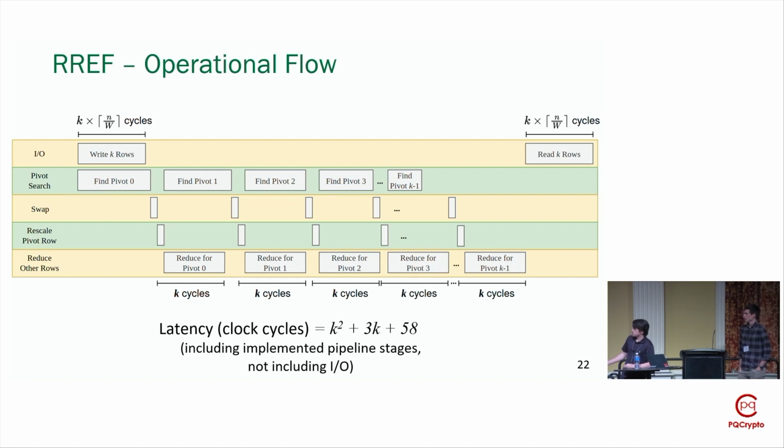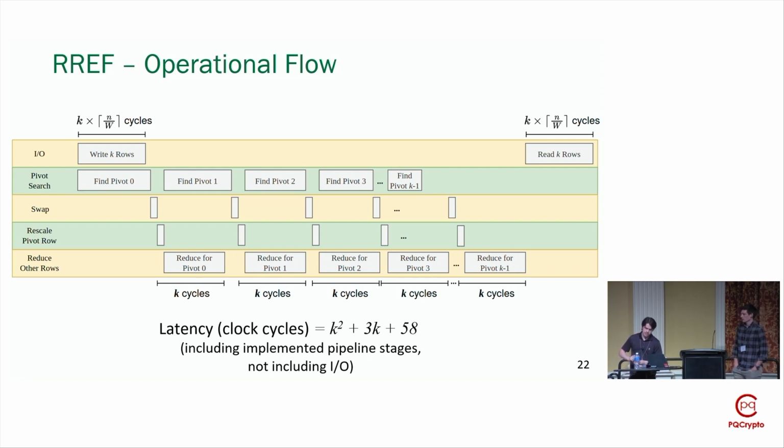Then we can perform our row swap, which we'll always spend 1 cycle doing. And then we can perform our rescale pivot row. Since we're rescaling the entire row at one time in parallel, we can spend 1 cycle doing that. And then we need to spend the k cycles to reduce all of the other rows. And of course, because we're doing that reduce other rows and we have those results already, we can search at the same time as reducing the other rows.